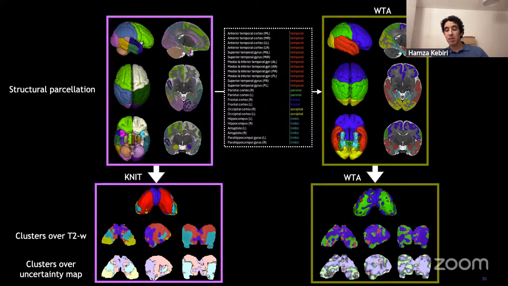What we get is a segmentation that is less symmetrical, and we can also see that it's dominated by the frontal and the parietal lobe. This is kind of a problem because the other information is lost.